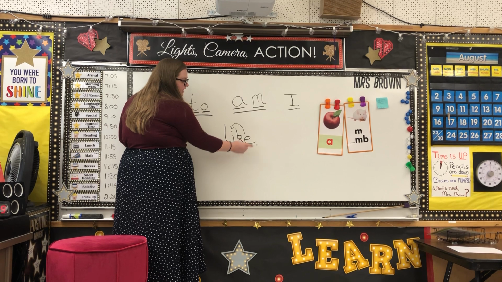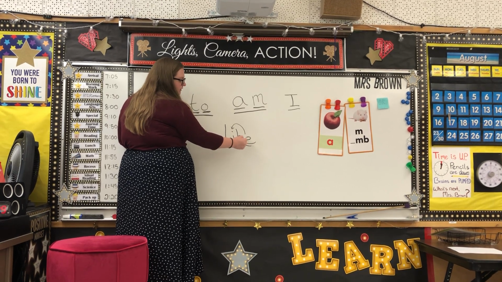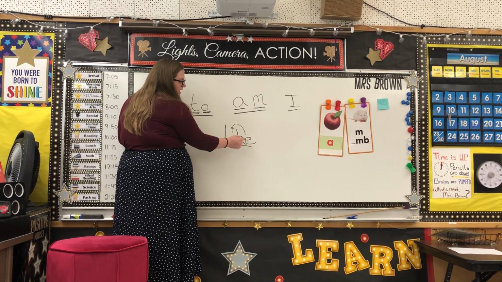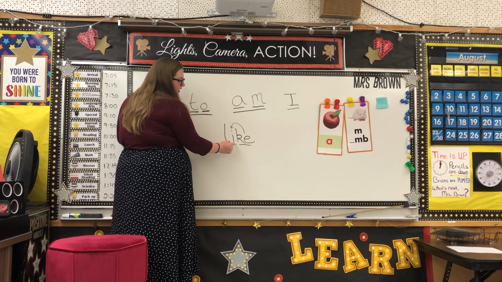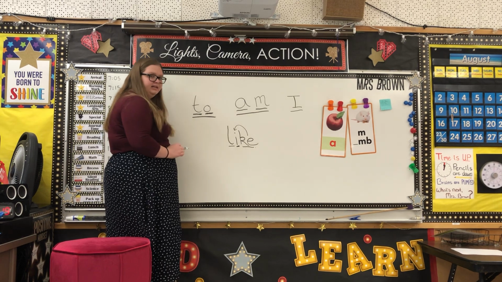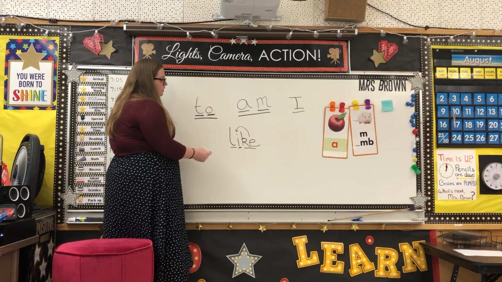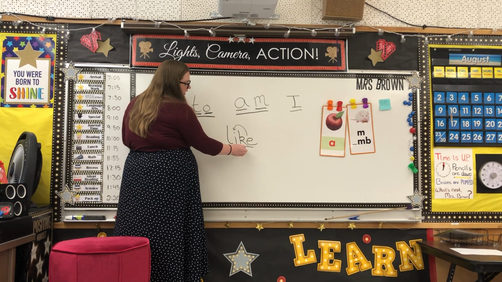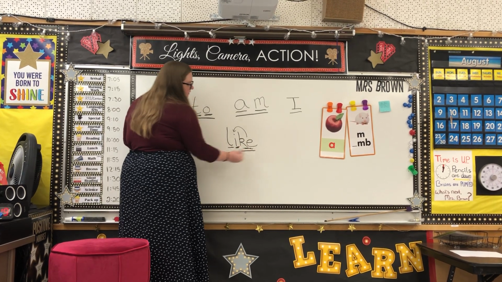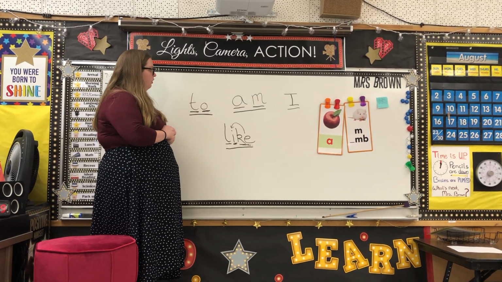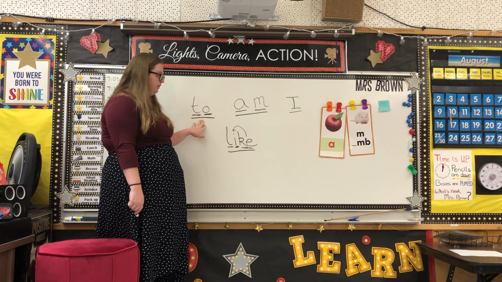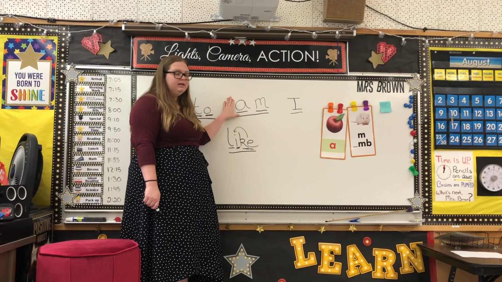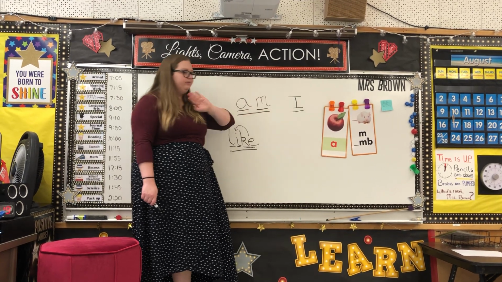And then the E is silent. Remember, when we have that E at the end of the word, it's a super silent E, and it makes our I say its name instead of saying its sound. So let's say that together. L, I, k, like.